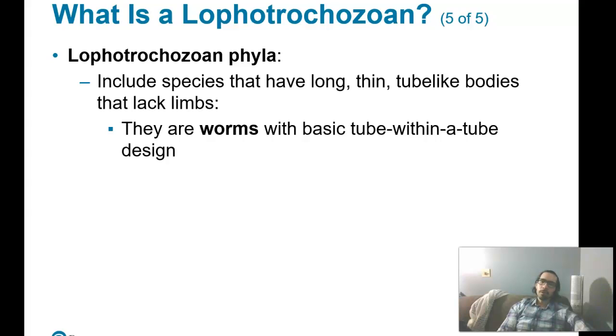Then you have an inner tube, which is the gut, that's derived from the endoderm, and then you would have the muscles and other organs that are derived from the mesoderm in between the two. So other organs like blood vessels.